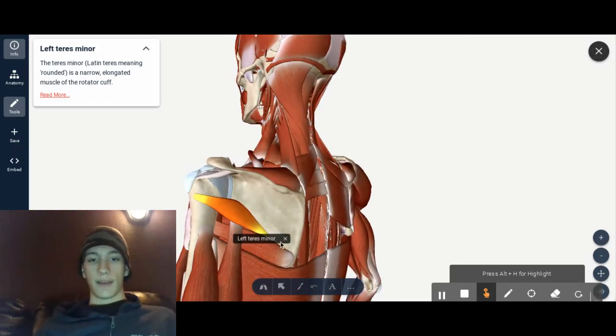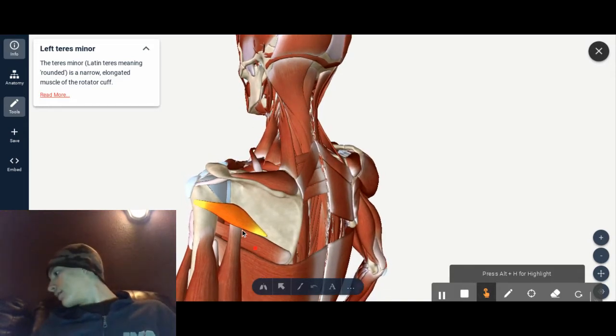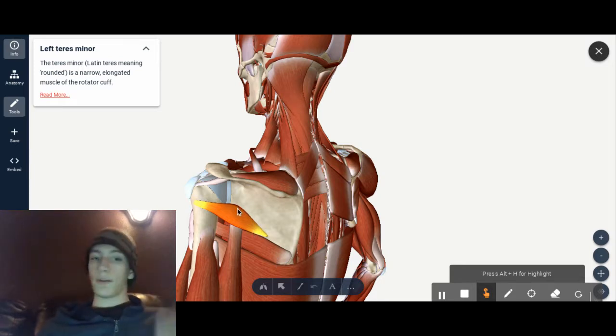Your teres minor just attaches onto your scapula and along the infraspinous. This is actually the edge of your scapula. So it goes on the lower or inferior border of your scapula, and again to your greater tubercle.